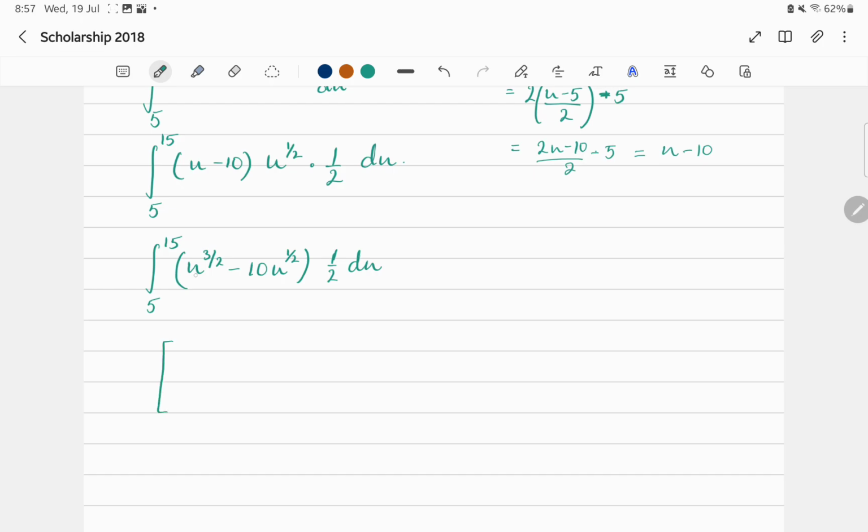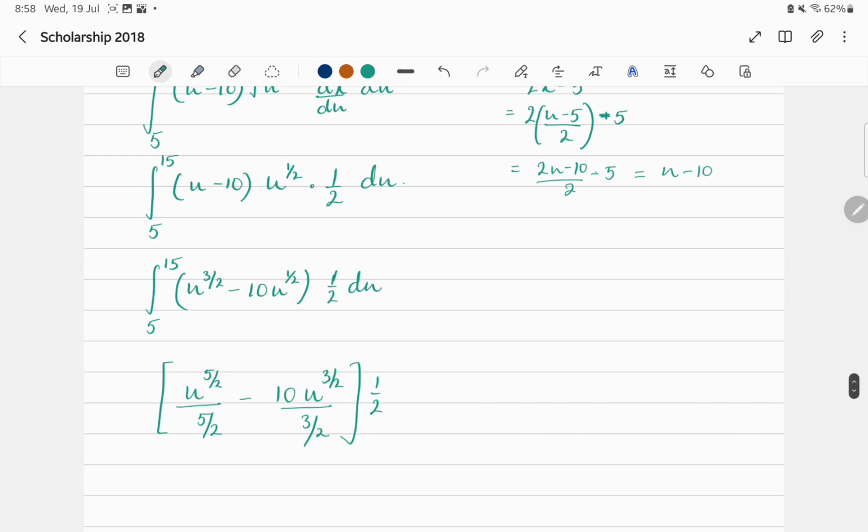Integrating u to the 3 over 2 gives u to the 5 over 2 over 5 over 2, minus 10 u to the 3 over 2 over 3 over 2, with half outside. We don't need du now, and that is from 5 to 15.